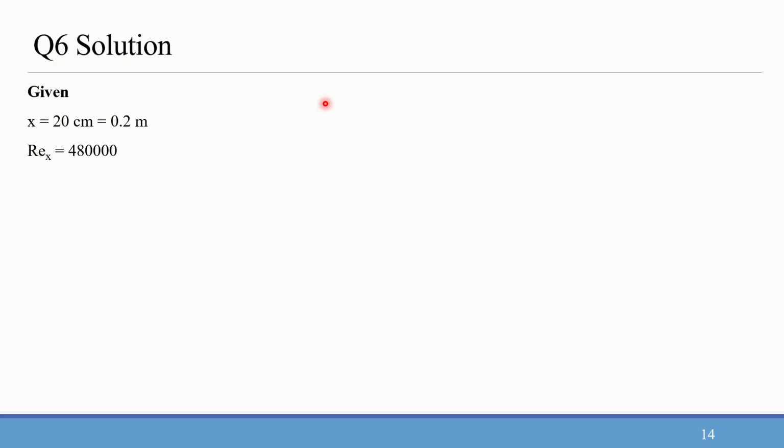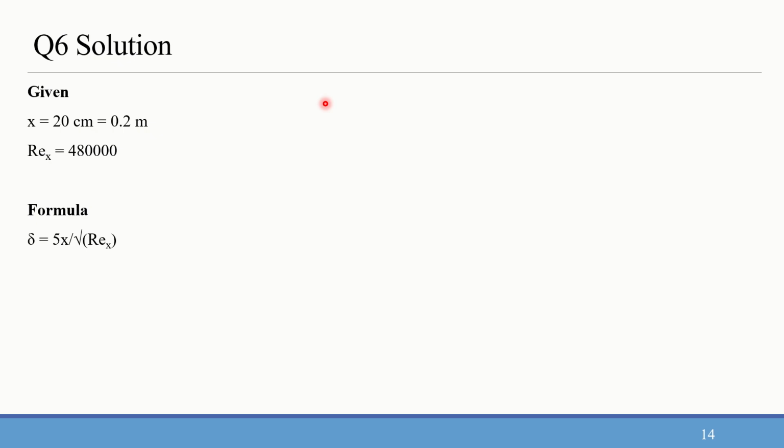Rex is rho Vx by mu, and we calculated it as 4,80,000 in the previous problem, and the formula is delta equal to 5x by square root of Rex. So x is 0.2 and Reynolds number is 4,80,000.